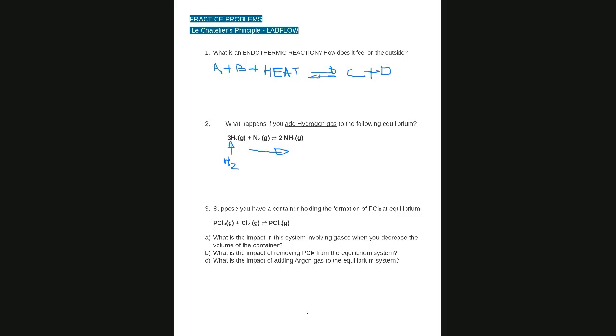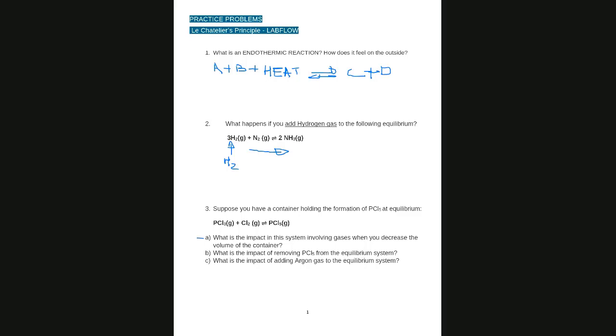Suppose you have a container holding the formation of PCl5 at equilibrium. So you have this reaction. Again, we are having a gaseous reaction. Everything is gas. They are asking 3 questions.